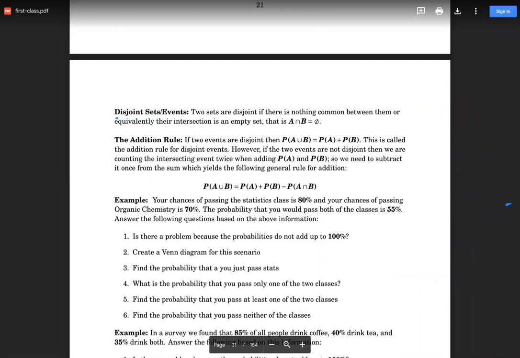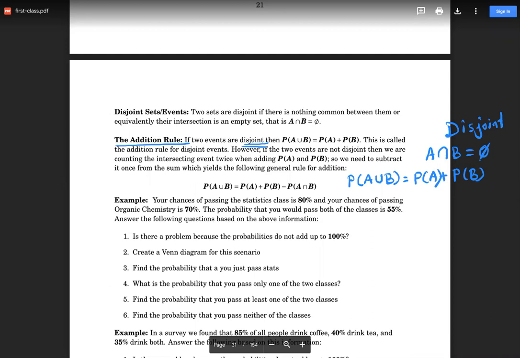Now, let's talk about the next rule. It's called the addition rule for probability. If two events are disjoint, meaning there is nothing common between them, then the probability of A union B is equal to the probability of A plus the probability of B. Remember, A intersection B is empty, meaning disjoint.